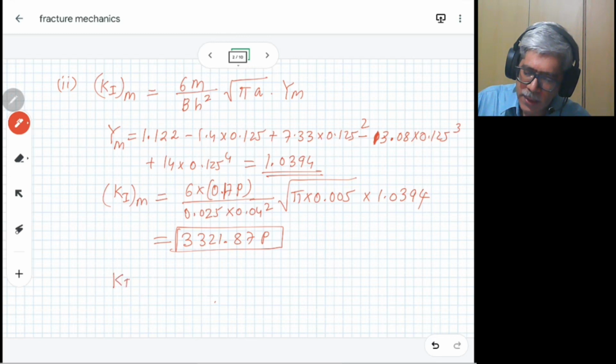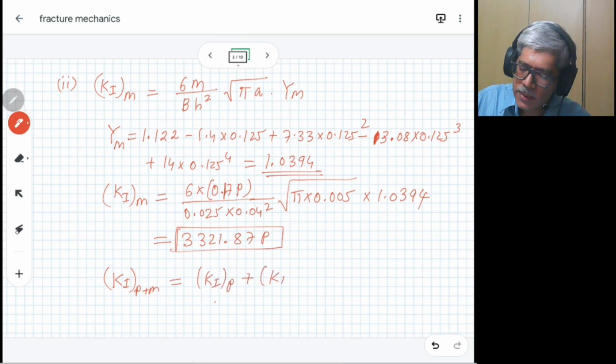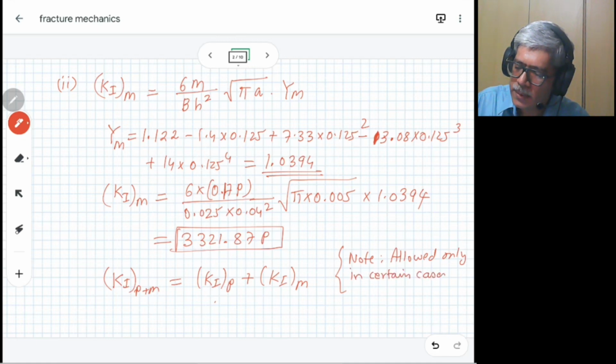So the stress intensity factor for our combined case, that is P plus M, is given as K1P plus K1M. Note that it is allowed only in certain cases.